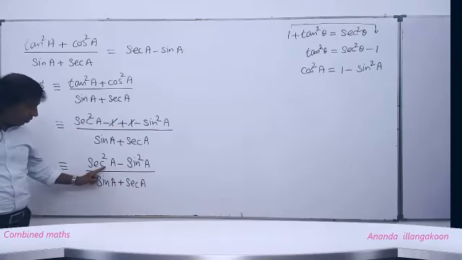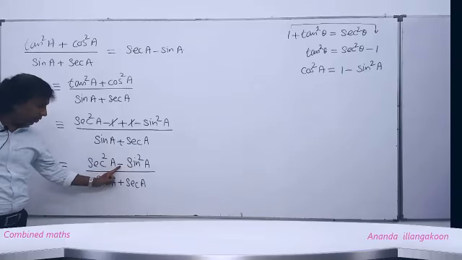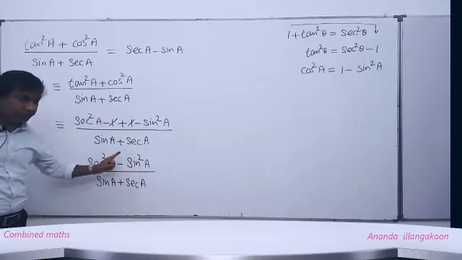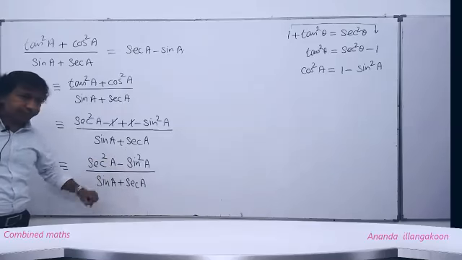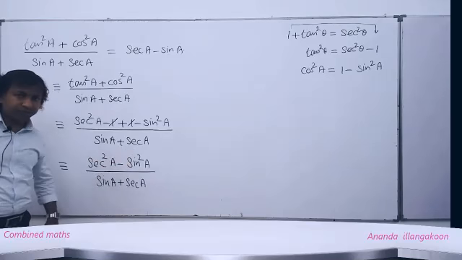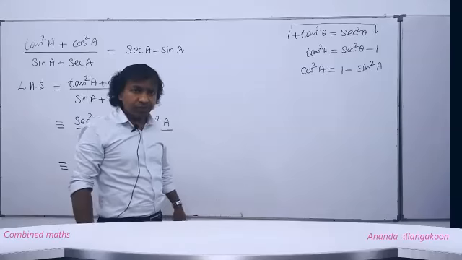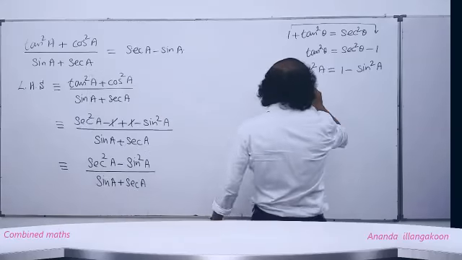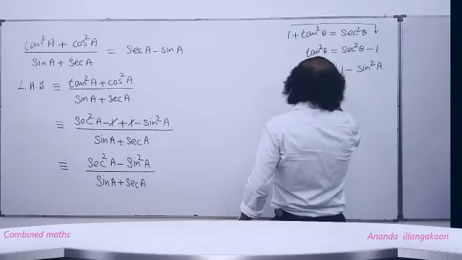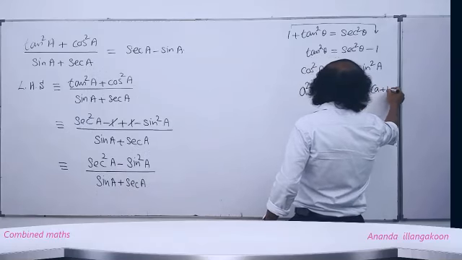Now dear students, here what do you have? Difference of two squares. This is like a squared minus b squared form. You know the factors. A squared minus b squared factors are, people, a minus b into a plus b.